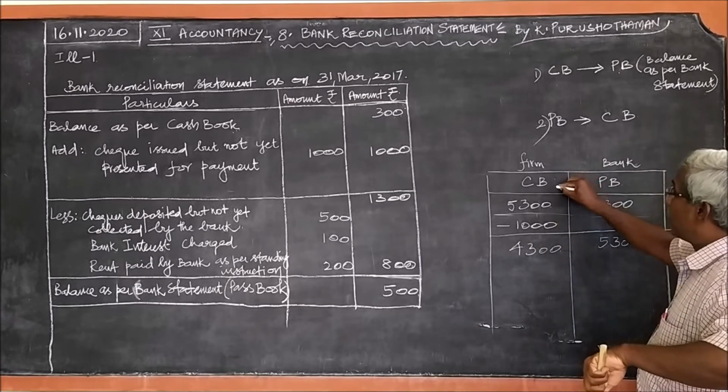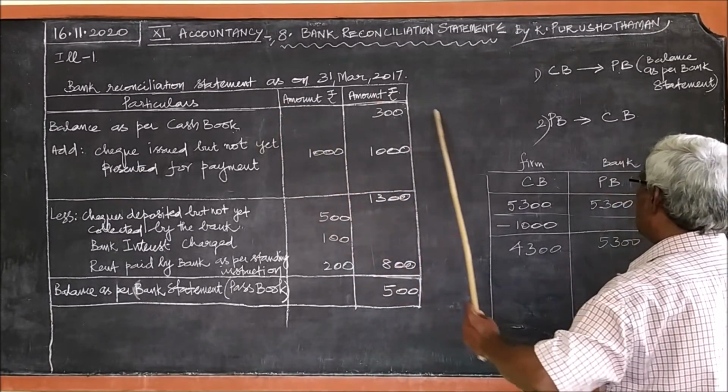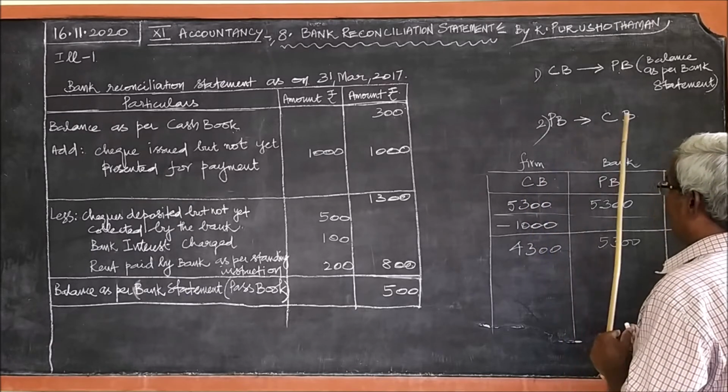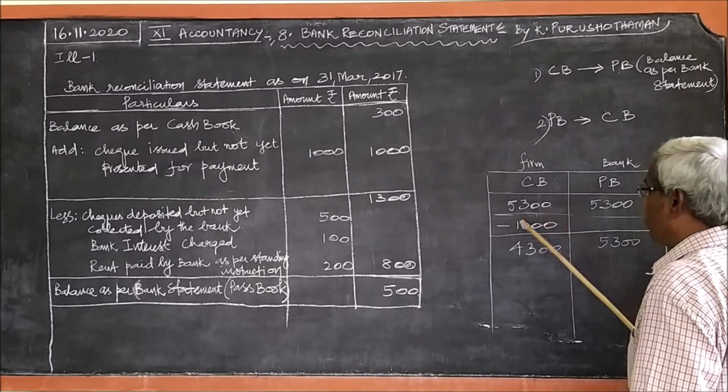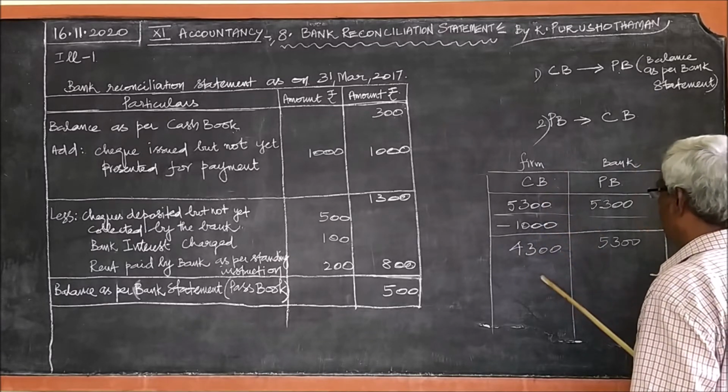So what happens in the cash book? When you start from the cash book, we need to see what effect the cash book carries. So what happens to the balance?